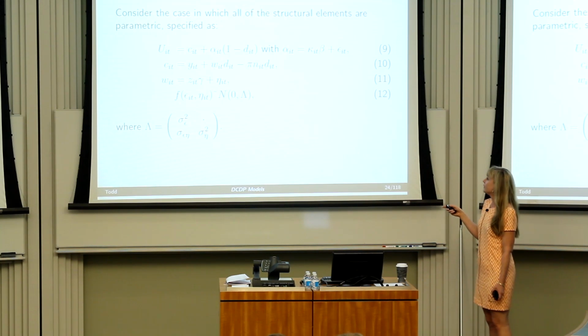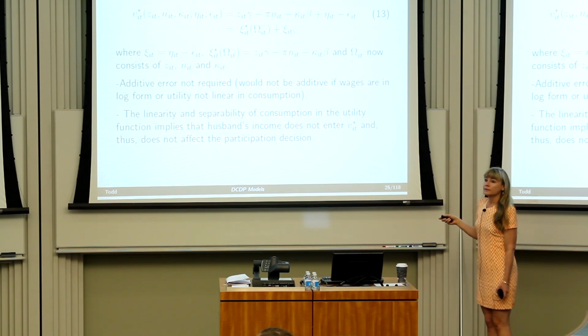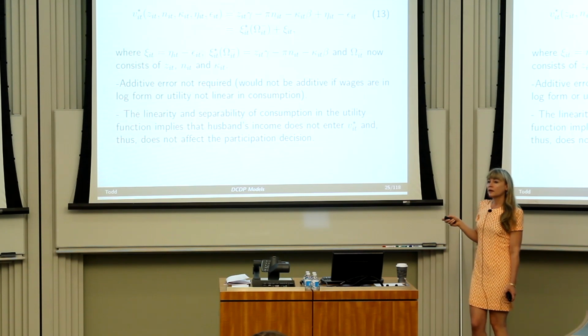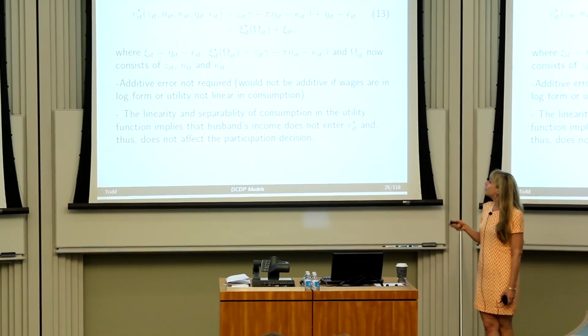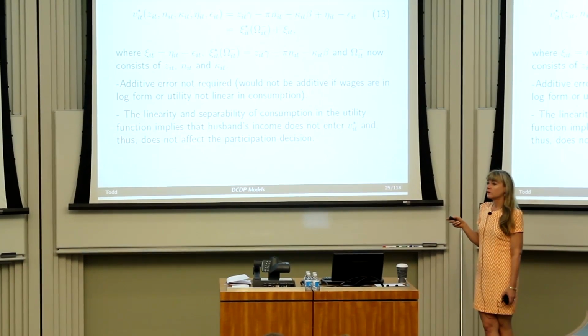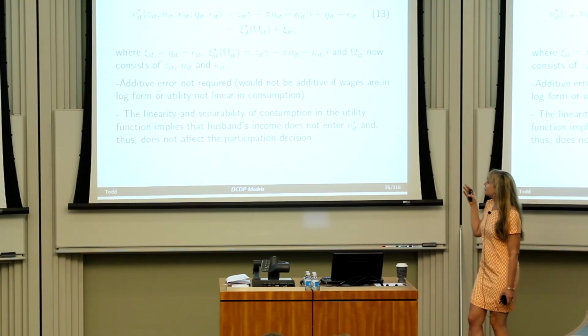Can I ask, because you said earlier that you want the same number of errors as you have choices? By that, do you mean there's a 0, 1 choice, so there are 2 choices, and are there 2 errors here, or because they're added can we think of them as 1? Or did you mean at least as many errors as you have choices? Yeah, so there are 2 errors in the model.